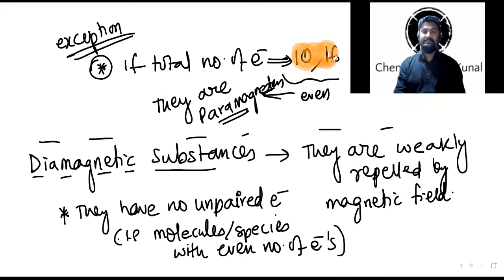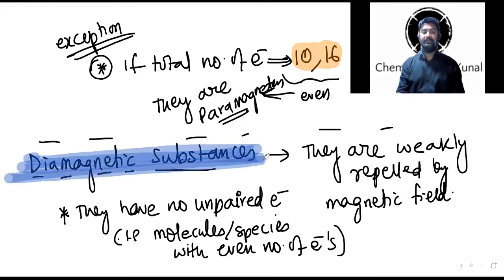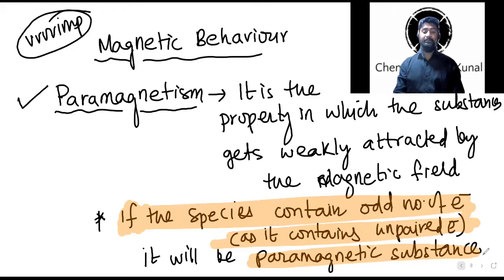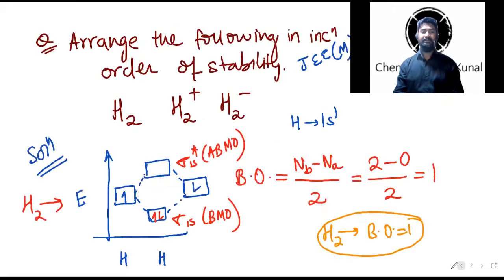Exception: 10 and 16. But if the molecule is diamagnetic, it will definitely contain an even number of electrons. Because it has no unpaired electrons present, it will be diamagnetic. It will be weakly repelled by the magnetic field. That's it.